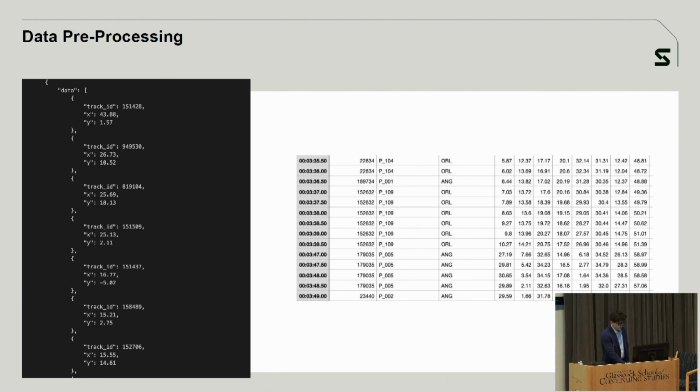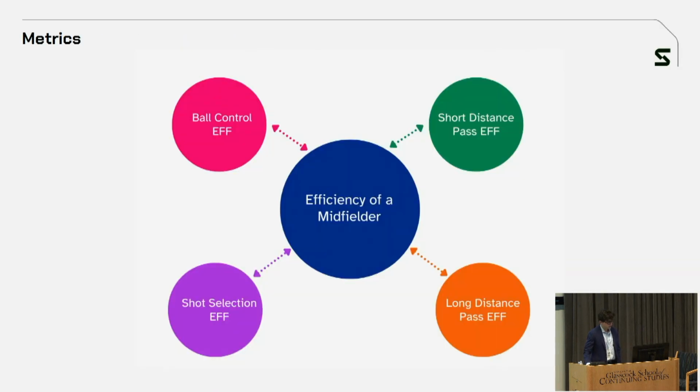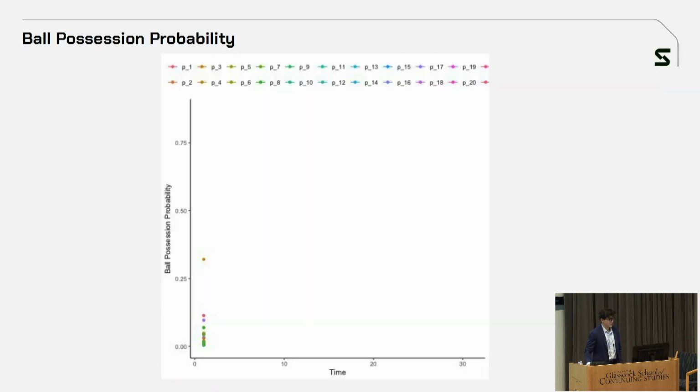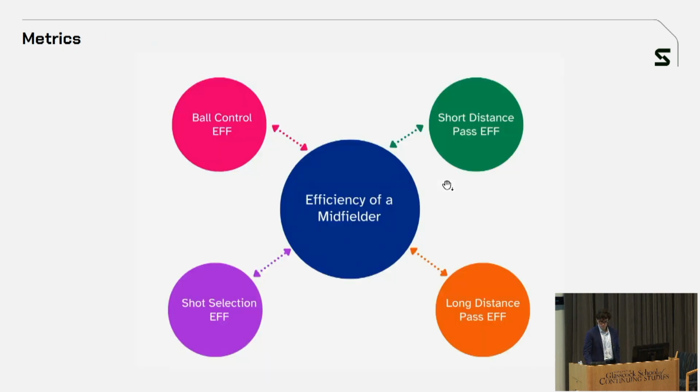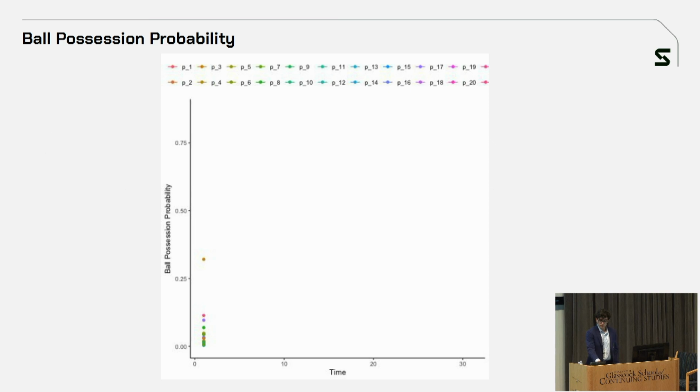So now that we have determined who has possession, we are able to create an accurate ball possession probability. All these dots here are supposed to move, and it's supposed to be a moving graph.